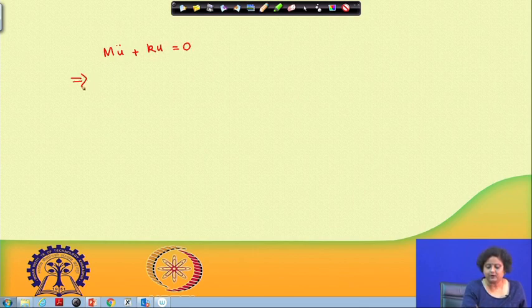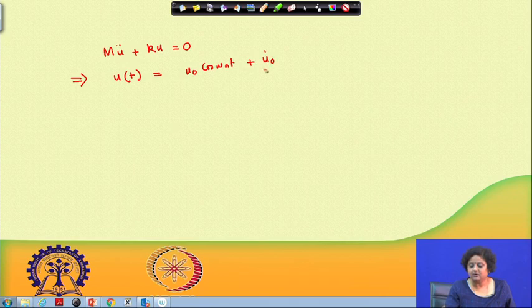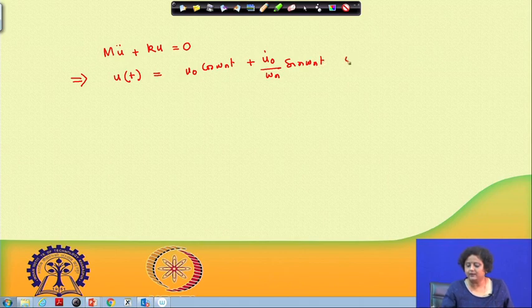Therefore, the response is u(t) equals u0 cos omega n t plus u dot 0 by omega n sin omega n t, where omega n is the square root of k by m.